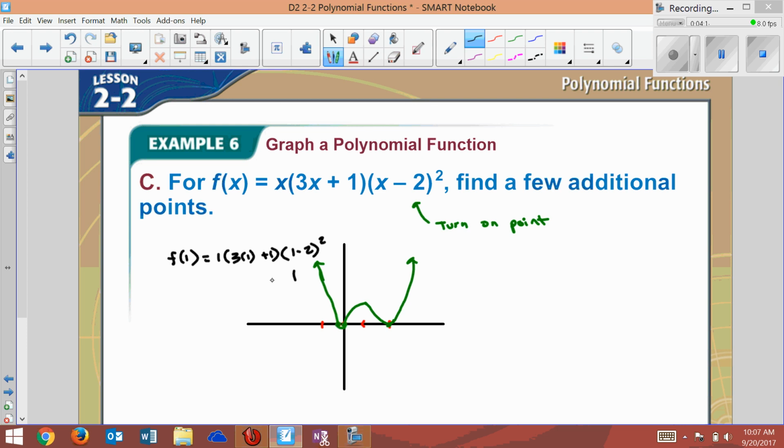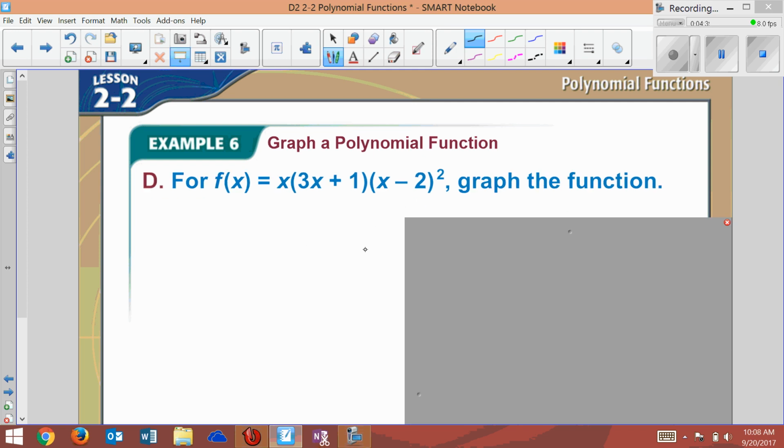So I have +1 there, times over here I have 3 plus 1, which is 4. And here I have 1. So I have 1 times 4 times 1, which equals 4. So when x is 1, y equals 4. That means this point needs to be up 1, 2, 3, and 4 units there. That would be the point (1, 4). So that's how you do that if you wanted it exact.